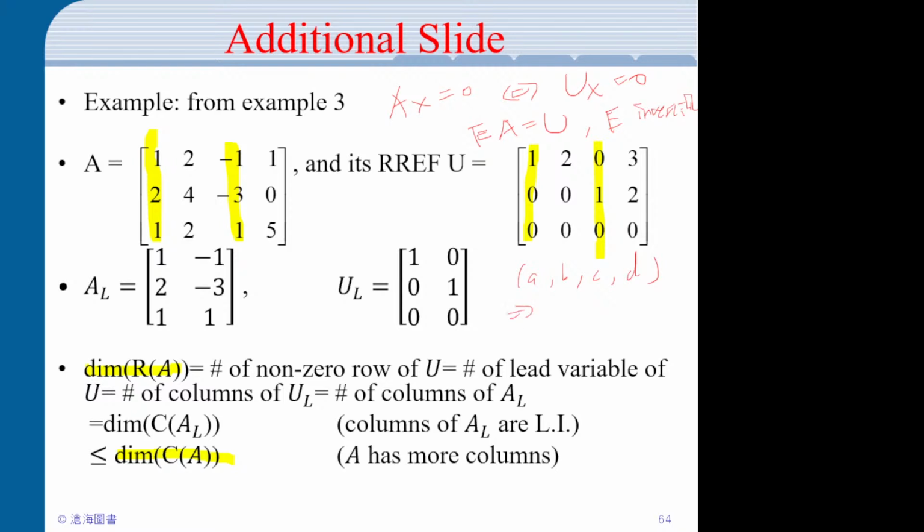It must be a times (1, 2, 0, 3) plus c times (0, 0, 1, 2). Sorry, wrong notation. I should also write (a, b, c, d) in this form.